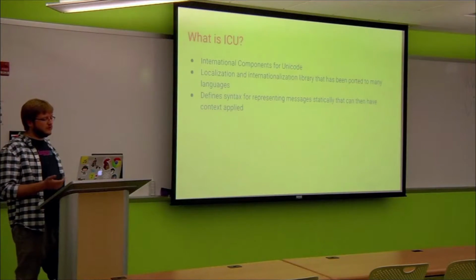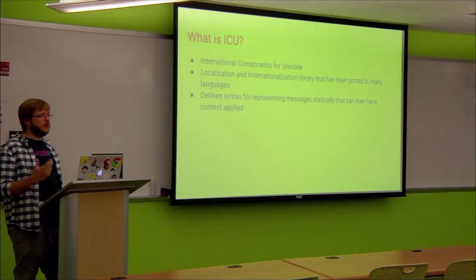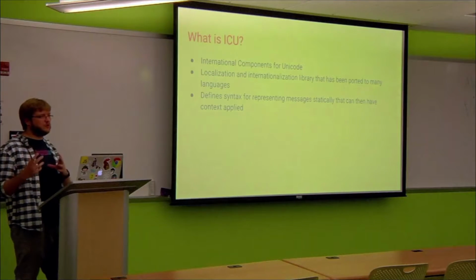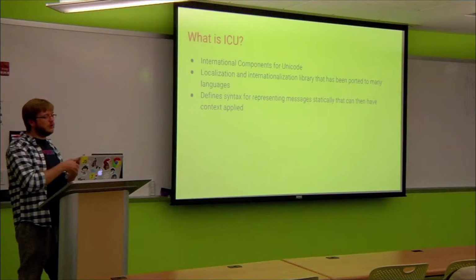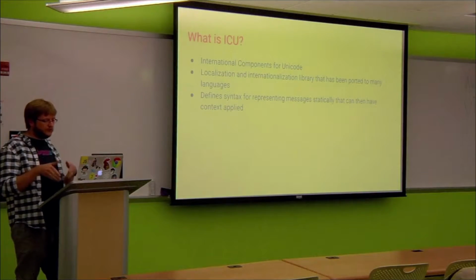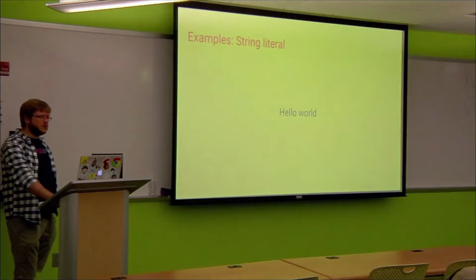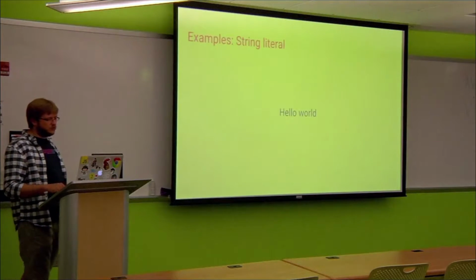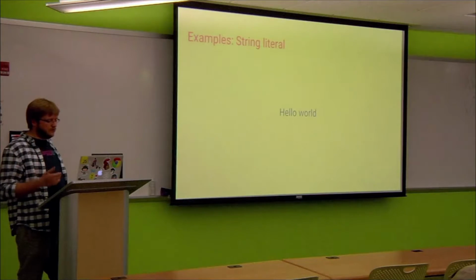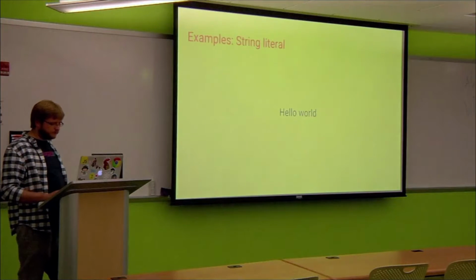The most important part is that it defines a syntax on how to represent strings in a language agnostic way, so the same string can be localized to any sort of locale. So that's the idea. Let's look at some examples real quick. The first and obviously the easiest is string literals. There's nothing to do, it's just the string. So this example is just hello world.